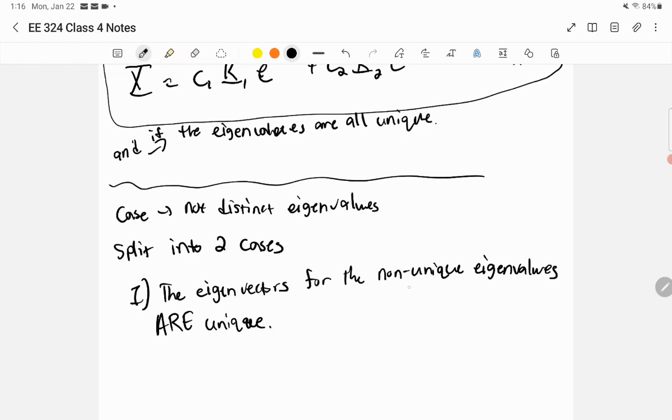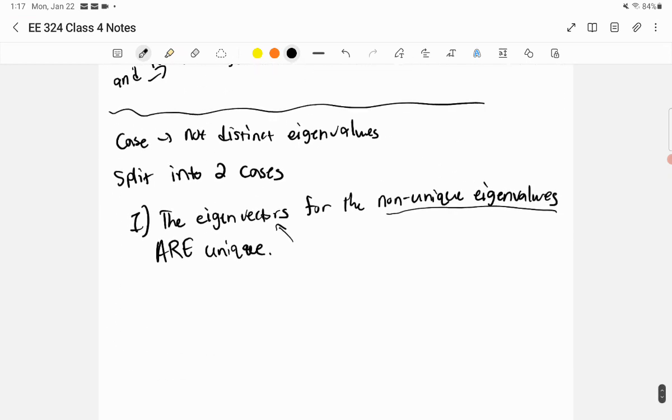Even though there might be 2 eigenvalues or 3 eigenvalues or whatever that are all the same value, the eigenvectors corresponding to those eigenvalues are unique. So maybe your second eigenvalue and your third eigenvalue are equal to 2, as an example, but each of those 2 eigenvalues has a different eigenvector. In that case, it looks very much similar to the case above.